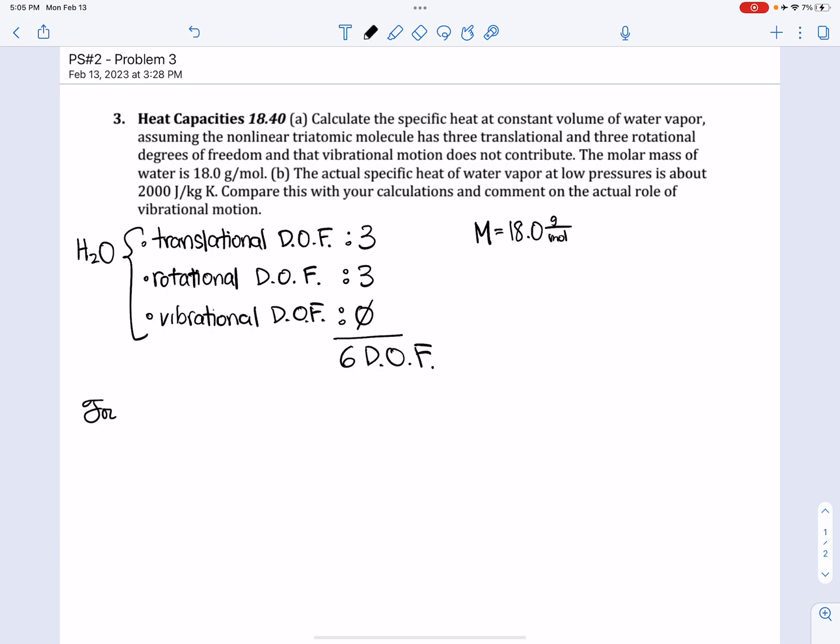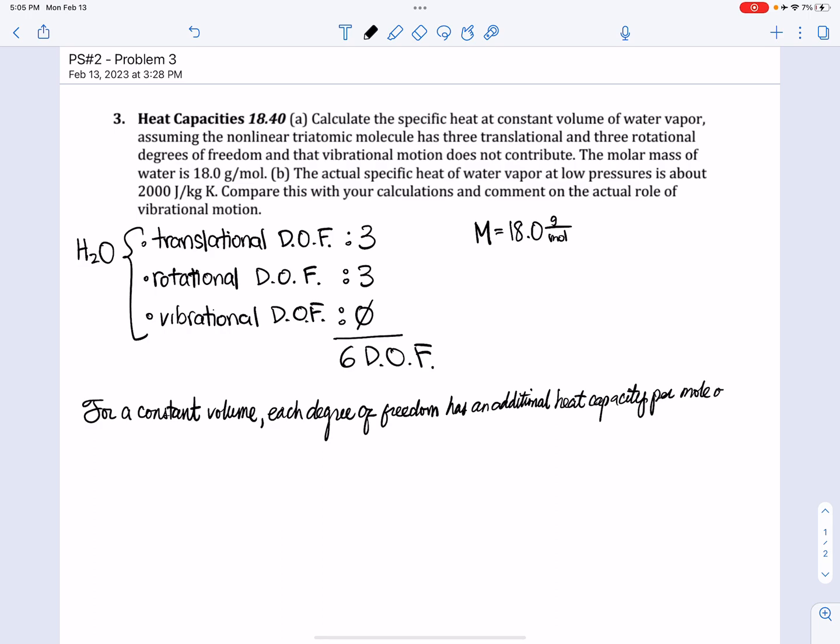So for a constant volume, each degree of freedom has an additional heat capacity per mole of 1/2 R. Okay. And I got that from the lecture notes.